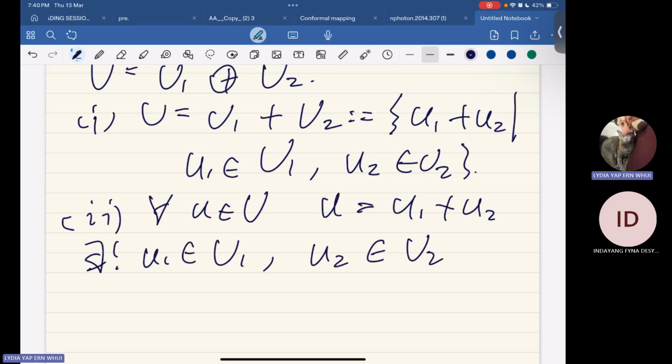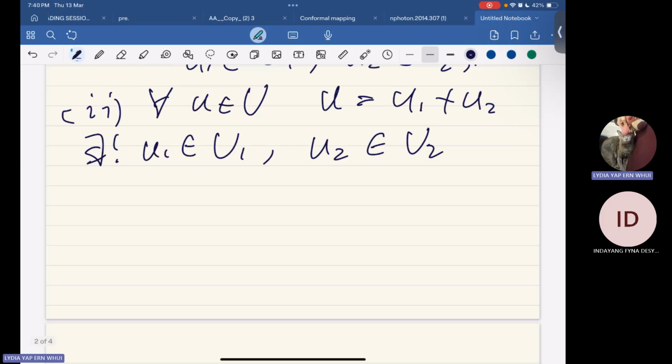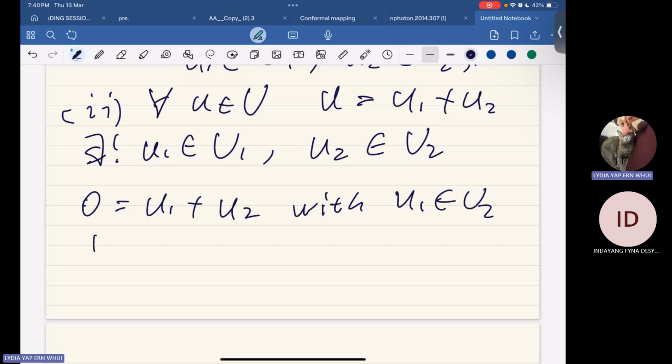And actually, we can also write this as an equivalent definition, but I won't go through how to prove the equivalence here. It is: if 0 is equal to u1 plus u2 with u1 in U1 and u2 in U2, then there is only one possibility, which is u1 equals u2 equals 0.